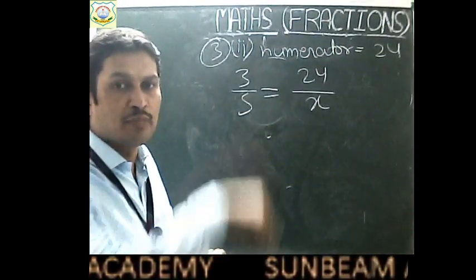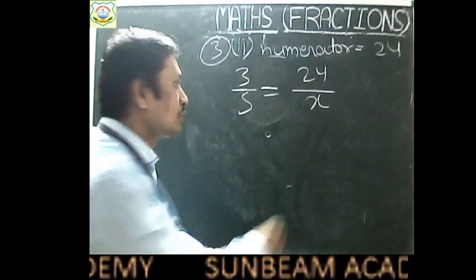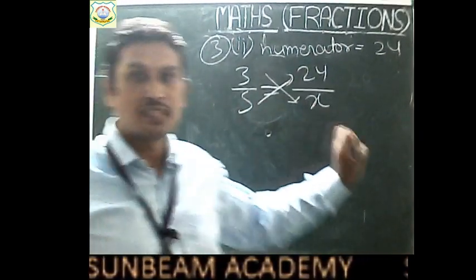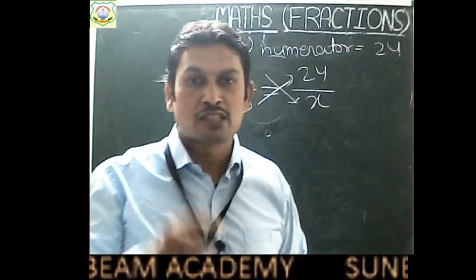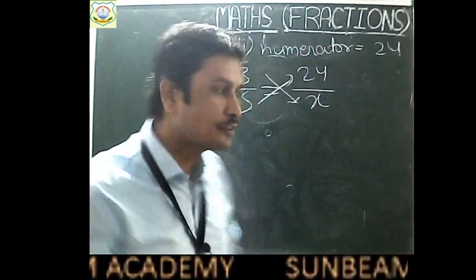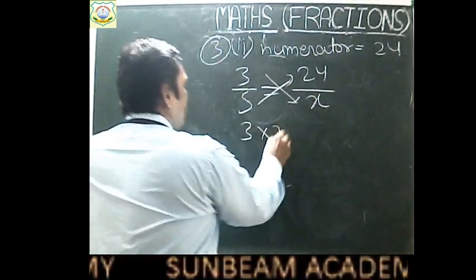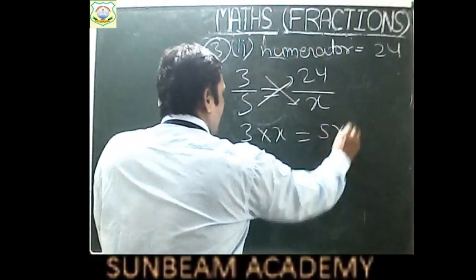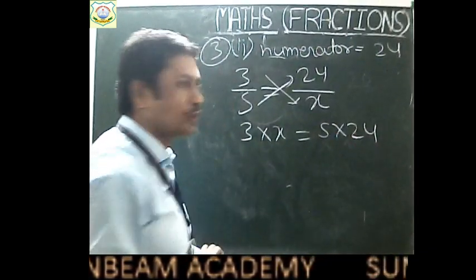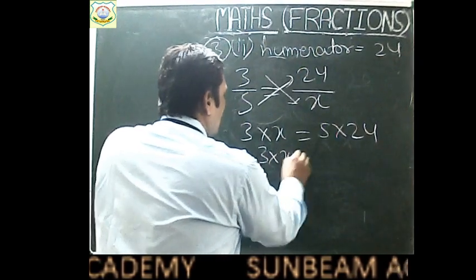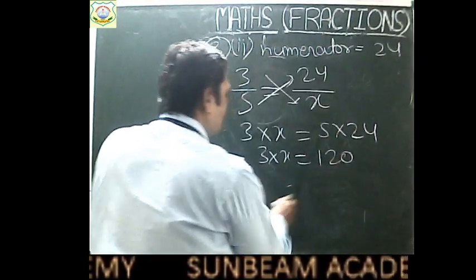Now make cross multiplication, because both the fractions are equivalent, so their cross products will also be equal. So we can write 3 into x equals 5 into 24.